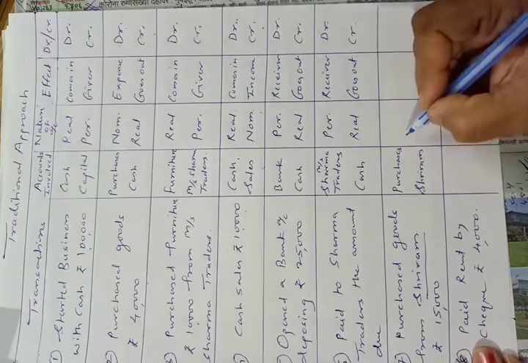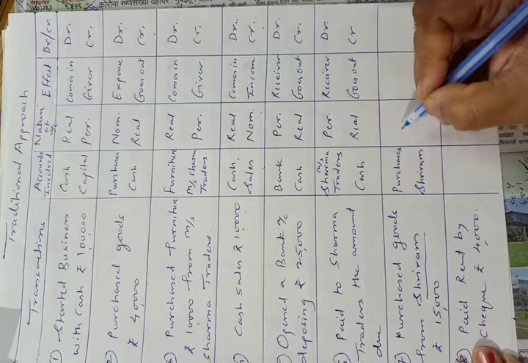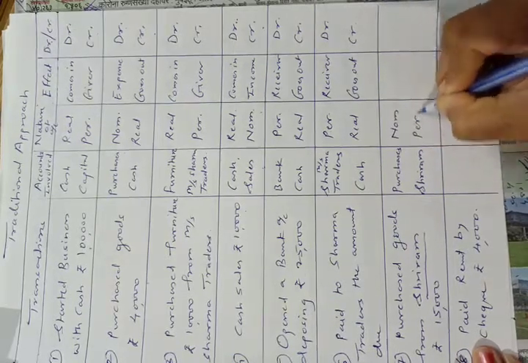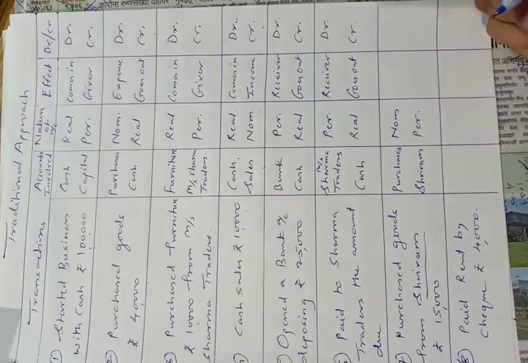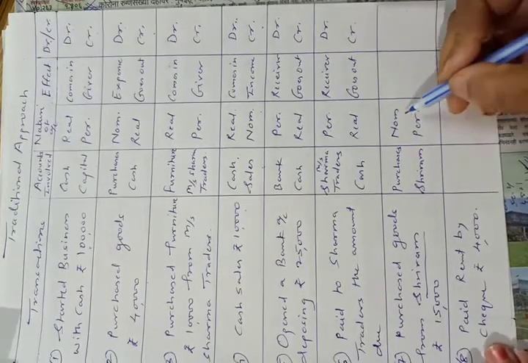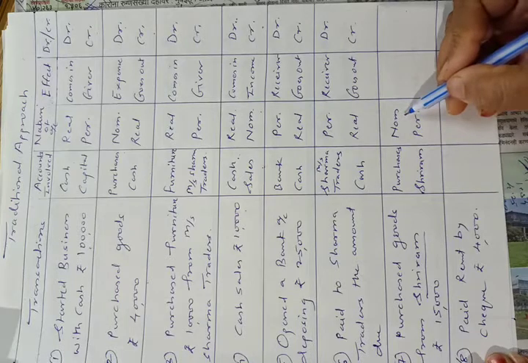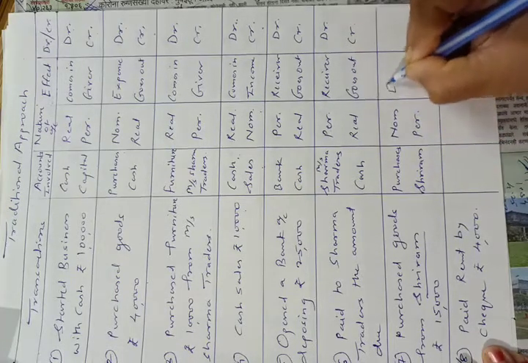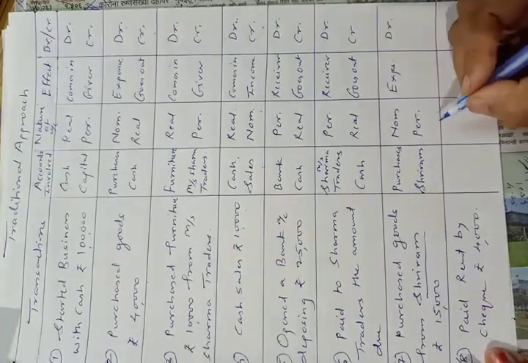Purchases account, as we are spending money, is our expense, so it will be a nominal account. The rule of nominal accounts says debit all expenses and losses. Purchases are our expenses, so debit all expenses and losses.